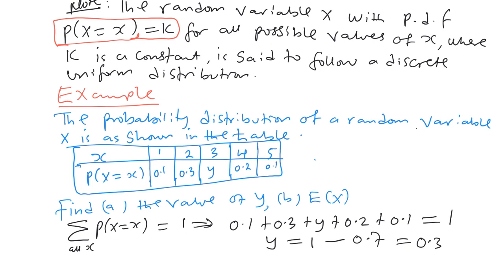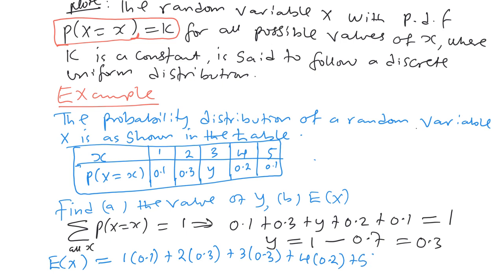Next, how do we find the expectation of x? E of x equals 1 times 0.1 plus 2 times 0.3 plus 3 times 0.3 plus 4 times 0.2, then plus 5 times 0.1.